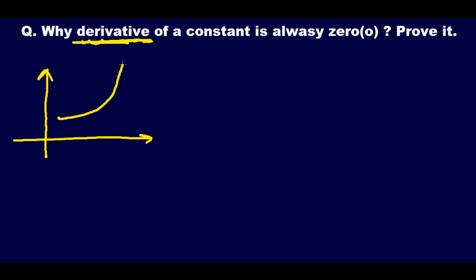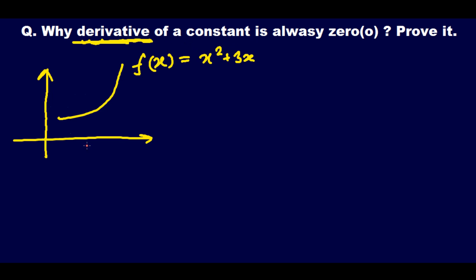Let's say I have a function, f of x equals something, whatever, let's say x square plus 3x. It's not an exact function, but just to understand, I'm doing this. If you change the value of x, in place of x if you put, let's say, x plus 9 or whatever, this entire thing also changes.